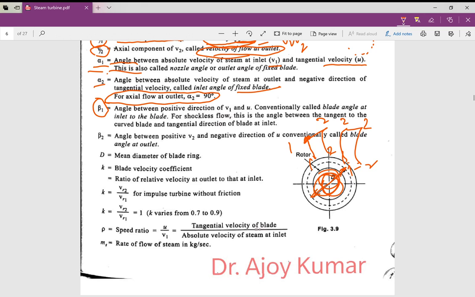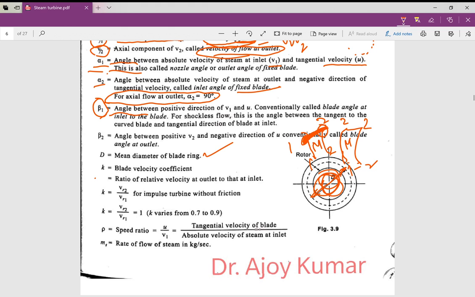At section 1, this is the thickness of the blade. At section 1, steam enters, so it is beta 1, the angle of the blade at section 1, that is, the blade angle at the inlet, and similarly beta 2 at the outlet of the moving blade. This is a moving blade, this is also a moving blade. Right, mean diameter we have seen.